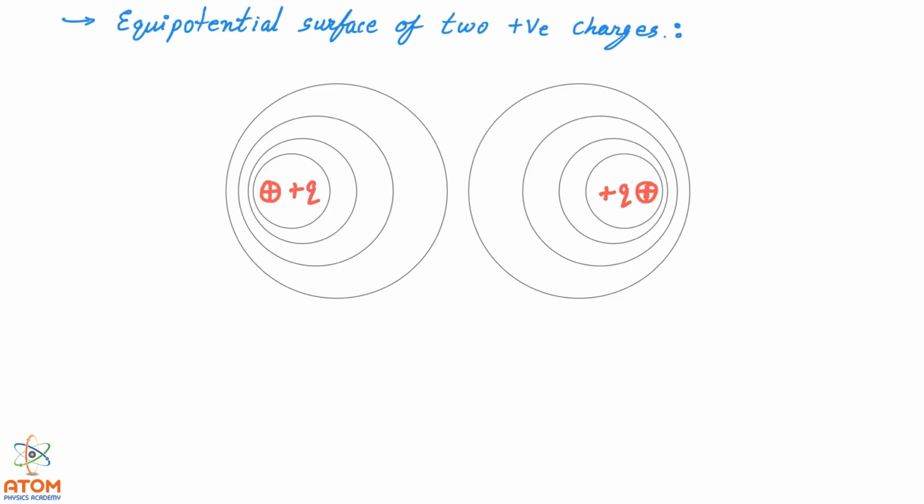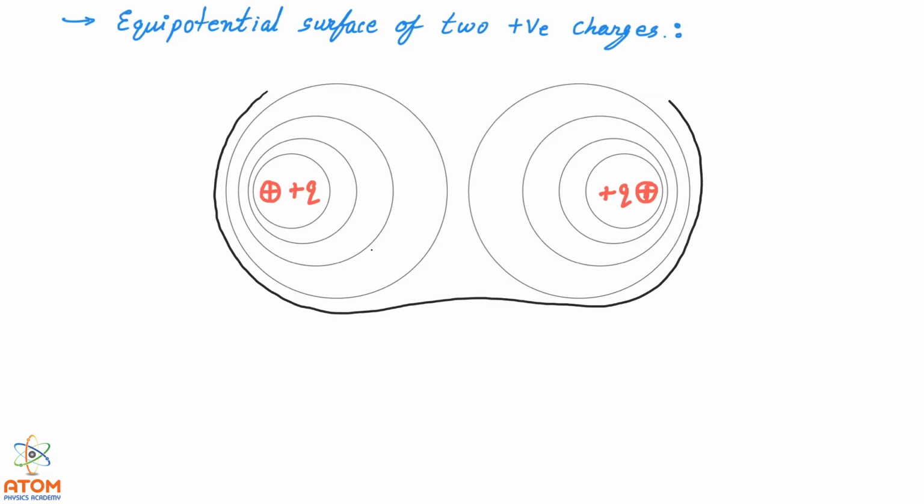Mind well, they will not cross each other, but rather they will superpose each other such a way so that they will cover both the charges like this.